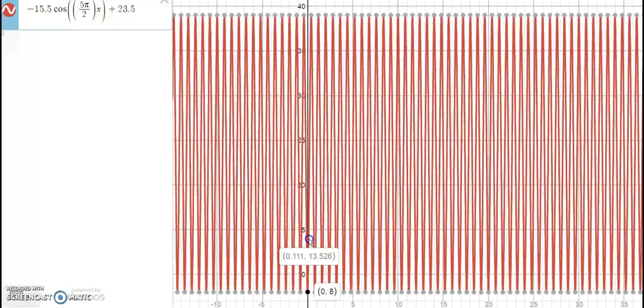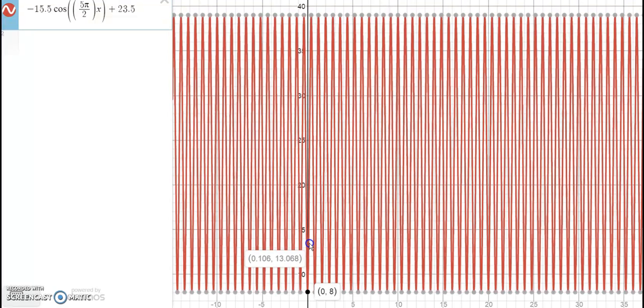13.7, so we got a little lower. 13.25, 12.89. So we're going to get as close as we can to 13. 13.5, 13.4, 13.3, 13.